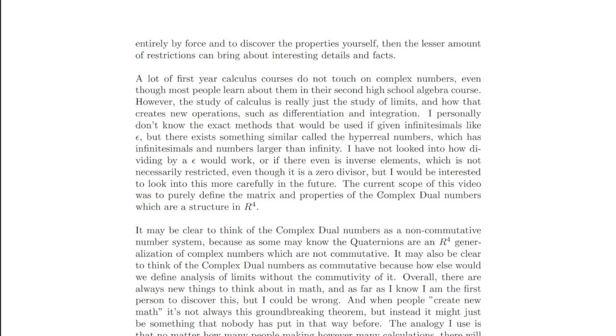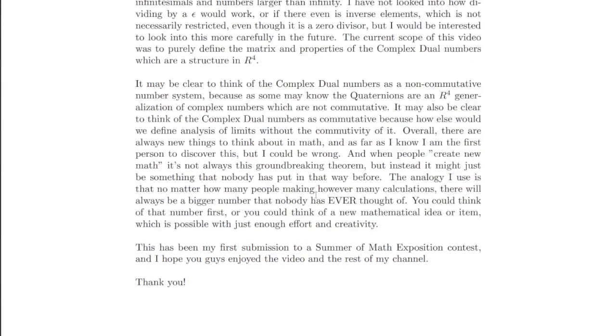So if we look at the complex dual numbers, which are a structure of R4, we have two different ways to define them, one being commutative and one not. It may be clear to think about it as a non-commutative number system. First off, some people may know that the quaternions are an R4 generalization of the complex numbers, which are not commutative themselves.